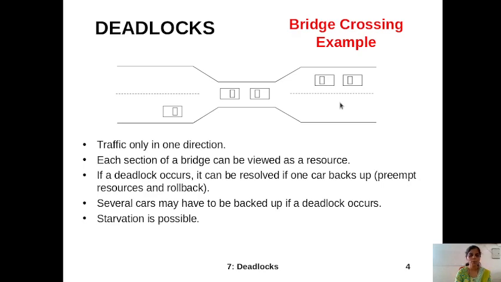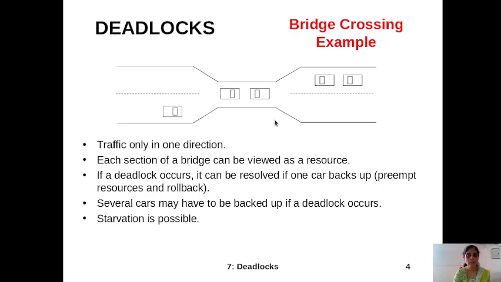If these processes here don't back off, or the processes lined up on the other side don't back off, then there will be a deadlock situation. One car from this end and one car from the other end will block the bridge, and no further cars coming in will be allowed to cross the bridge.